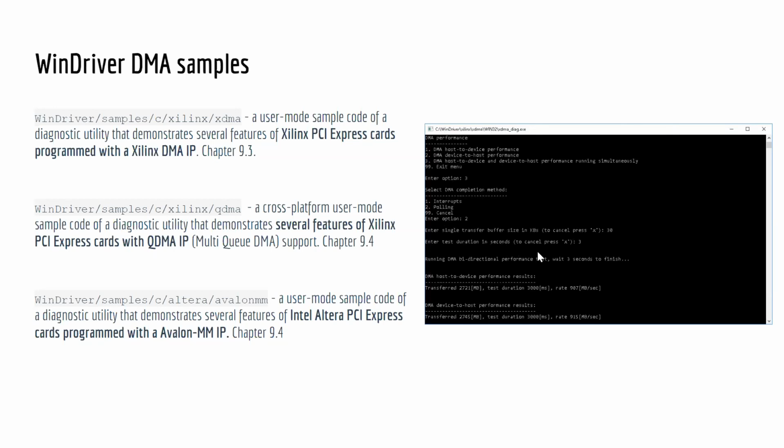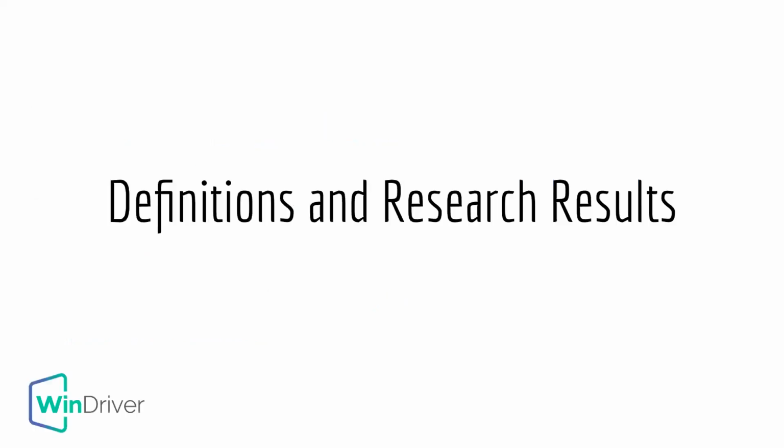Enter the transfer buffer and the duration, and then you simply start the DMA. All the functions are already inside, and you can edit and modify them and implement your code in these samples. So if you're not familiar with it, I really recommend diving in here.